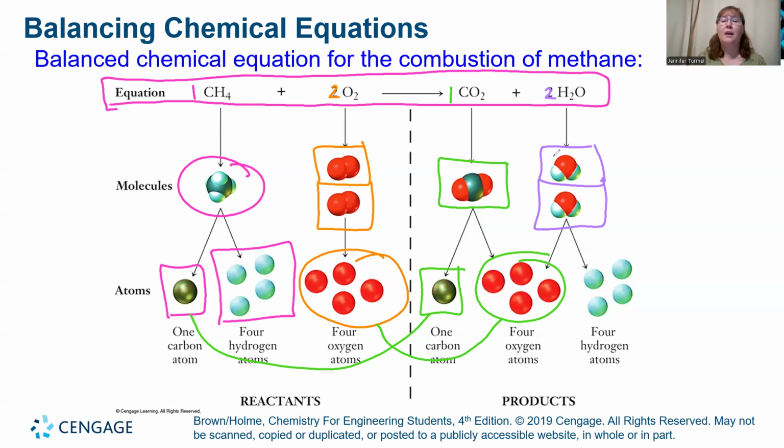And those are 2 of the oxygens here, and then 4 of the hydrogens, and those get balanced just like that. So that's our reaction between methane gas and oxygen gas.